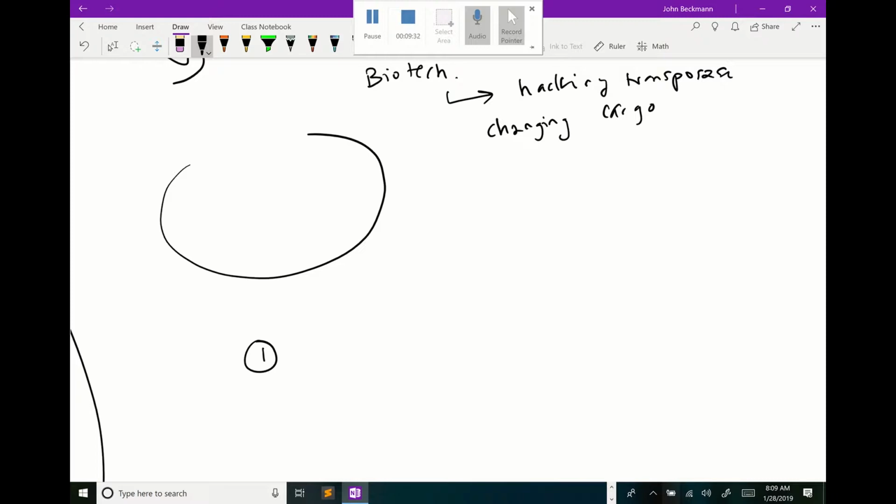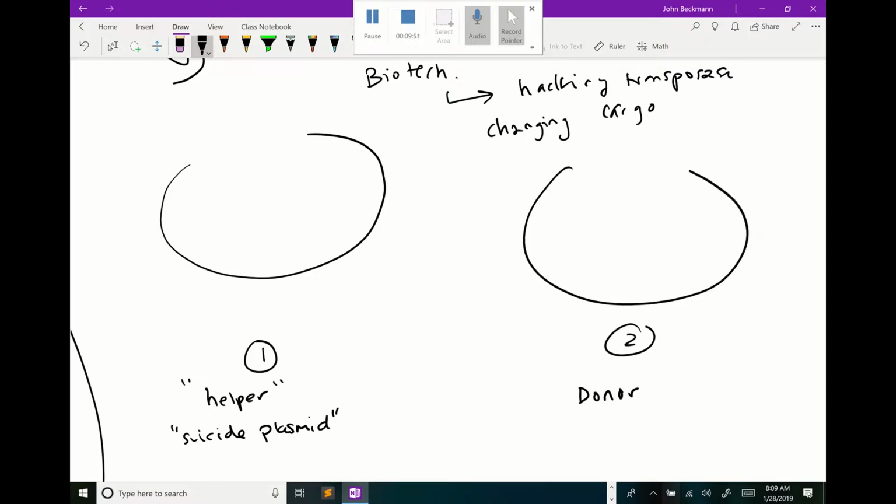And we do that by utilizing two plasmids. One plasmid is called a helper, or another name for it is a suicide plasmid. And I'll explain that. The second plasmid is called the donor. Okay. So on the helper plasmid, we put a promoter that turns on.